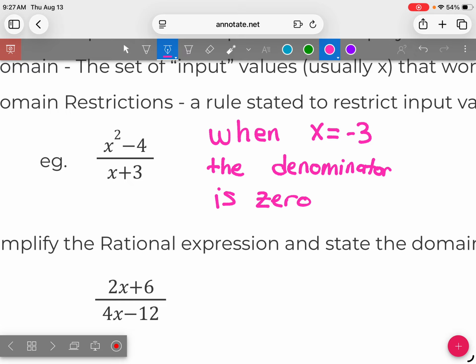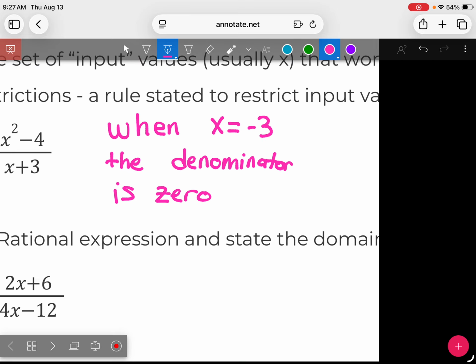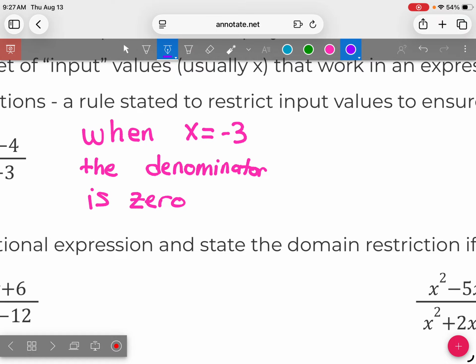So what we're going to do is write a rule that is stated to restrict our domain. When x equals negative 3, that's the problem. So our domain restriction is going to be that x cannot be negative 3. That's the domain restriction we're going to put.